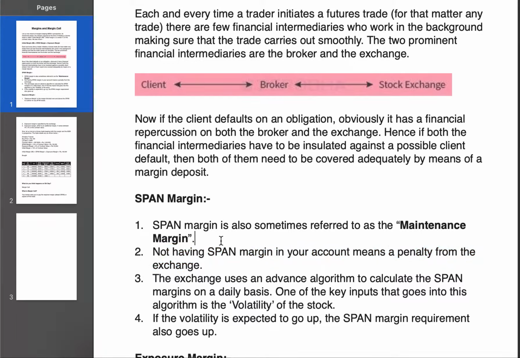It is a maintenance margin. At least this much margin is required. If you don't have this much margin, you can receive a penalty from the exchange. That's why a lot of brokers make sure that their clients have at least the span margin in their account, so that they don't receive a penalty from the exchange.